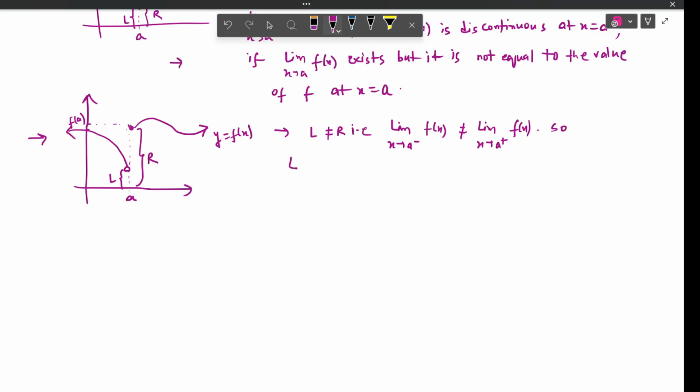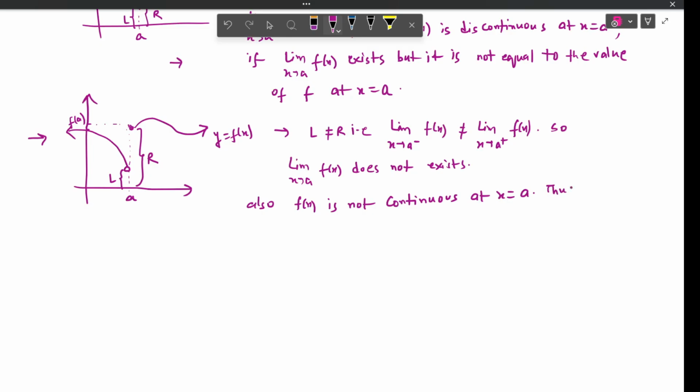So limit x tends to a f(x) does not exist, right? Also f(x) is not continuous at x equals a, right?